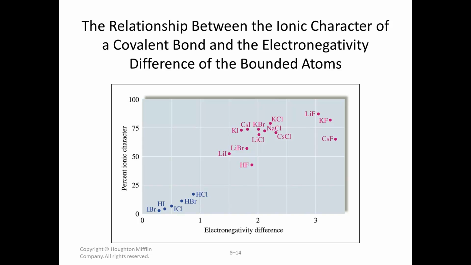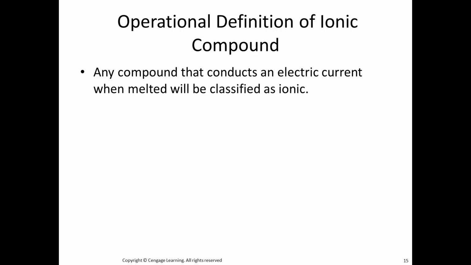Keep in mind that this is for gas phase molecules where discrete XY molecules exist. In the solid state, things are different because of multiple interactions. In general, we can call an ionic compound any compound that conducts electrical current when melted.